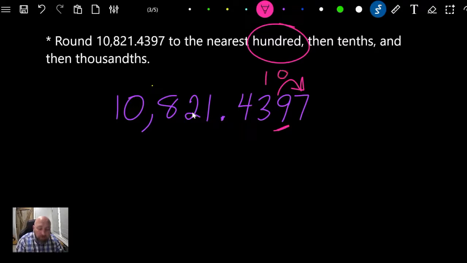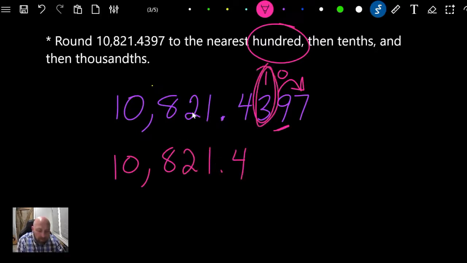You put a 10 like this, and you have to add it to the digit on the left. So all the numbers to the left are going to stay the same, right? So we're going to get a 10, 8, 2, 1.4. Now watch this. I have to add a 1 to the 3, so that becomes a 4, and then I have a 0 up there, okay? Because remember, I made that 9 go up to a 10.